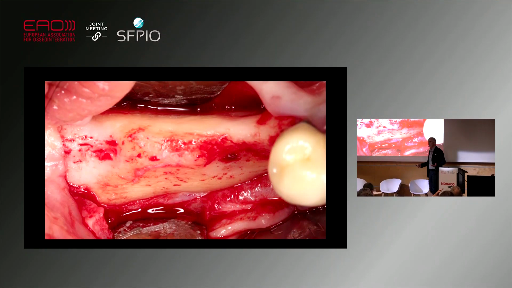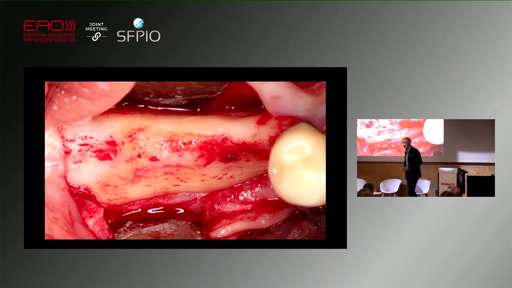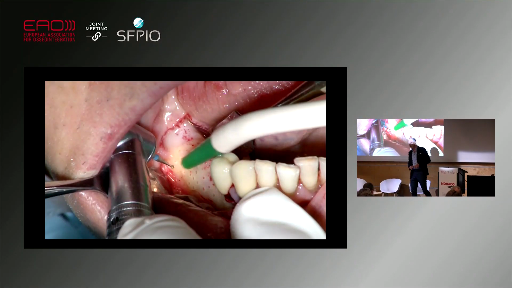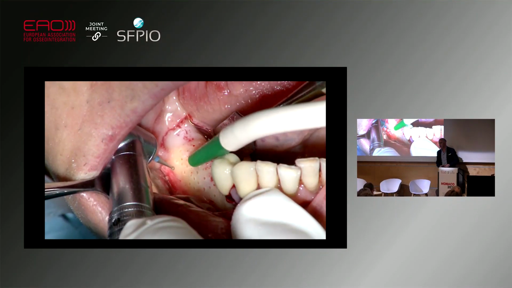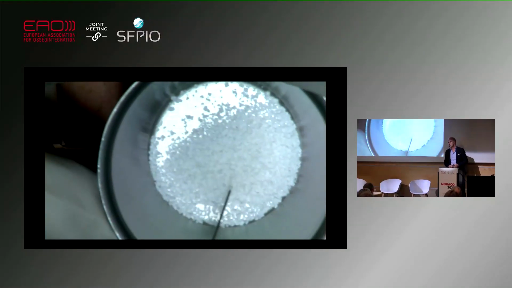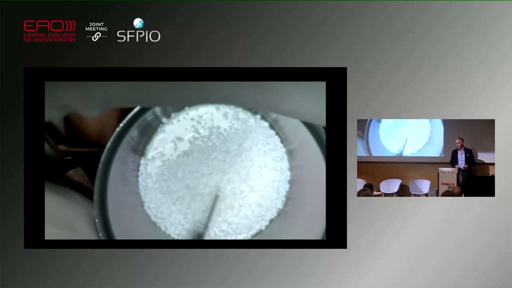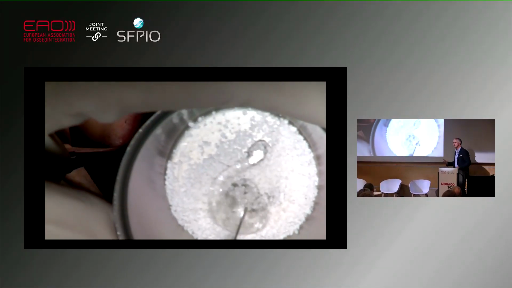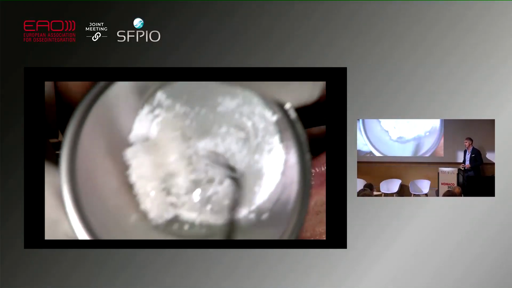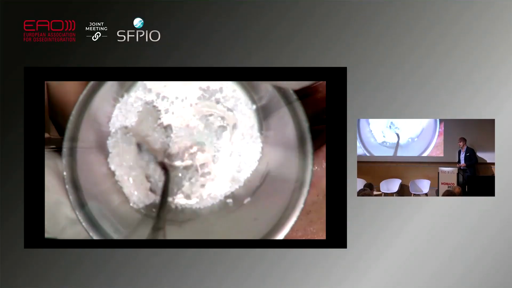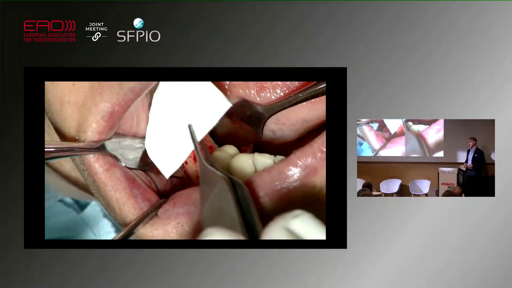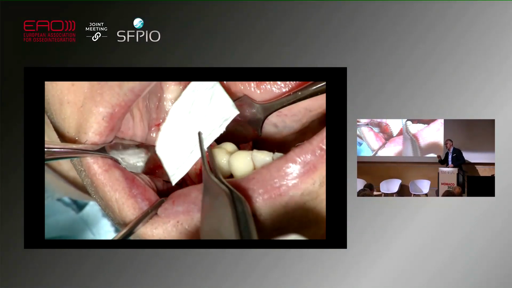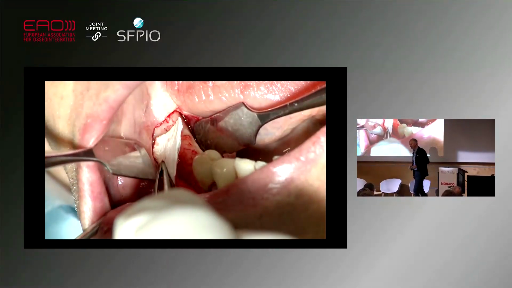And we have these kind of critical defects. And as you see here, classical GBR technique with deperiosteation or decorticalization. And exactly that, what we did is we mixed the DBBM material with hyaluronic acid. And in this situation, we also found that it's quite critical to use the cross-linked material.